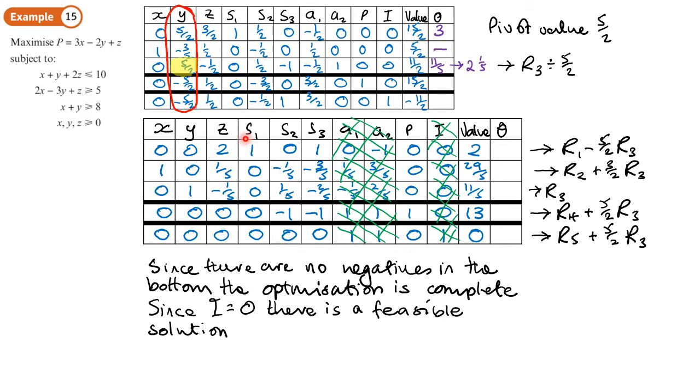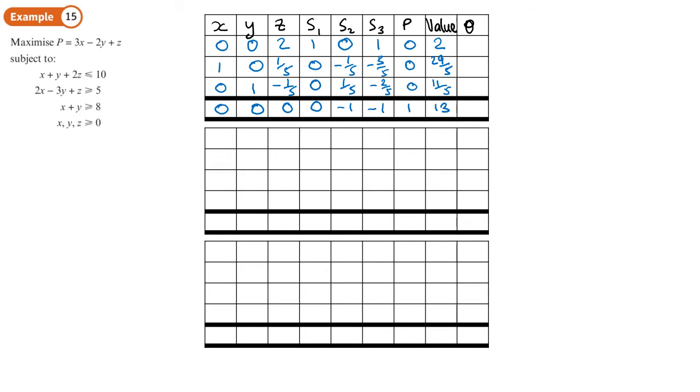So I'm now going to redraw this table, but take out these columns that we no longer need. So continue with this question. You can see that I've removed the columns where I had the artificial variables and the optimization of I, and also I removed the row for I as well, because I've finished with the optimization.